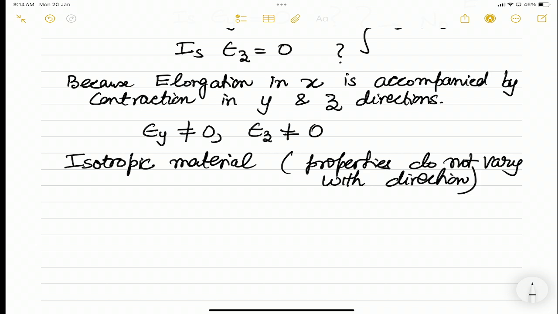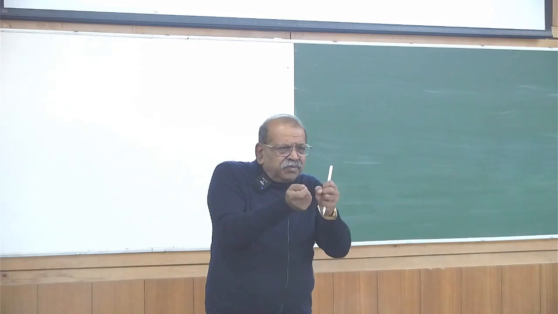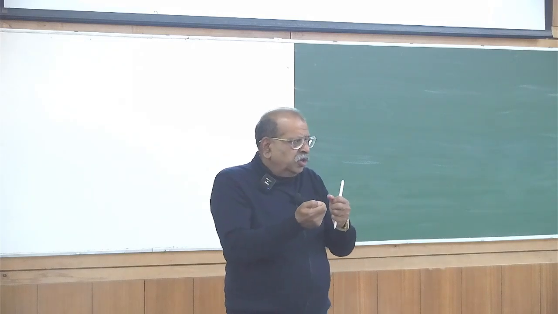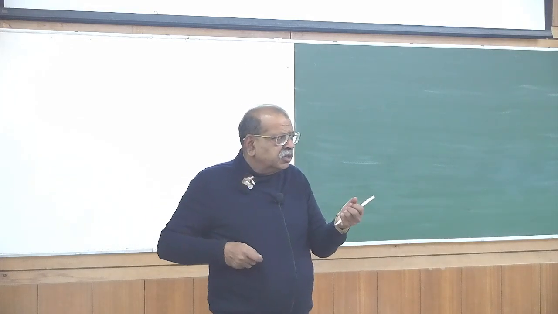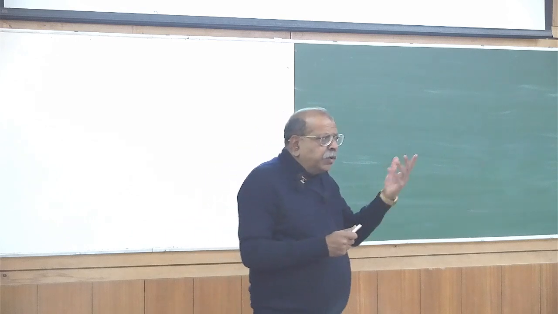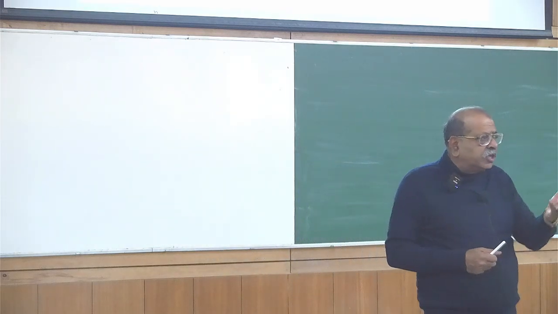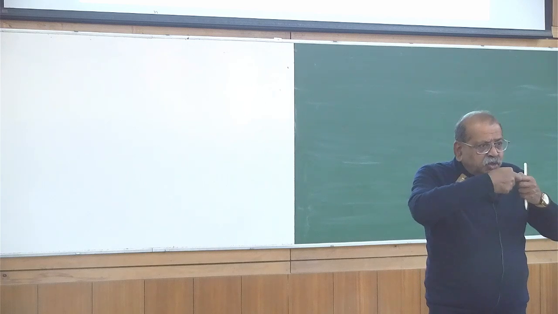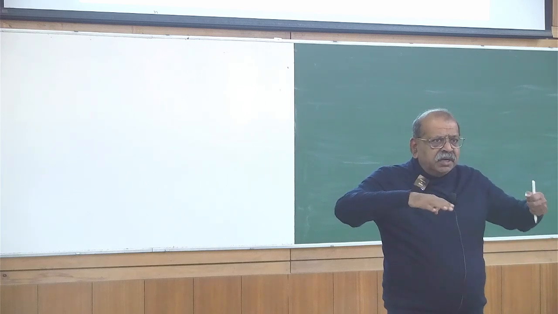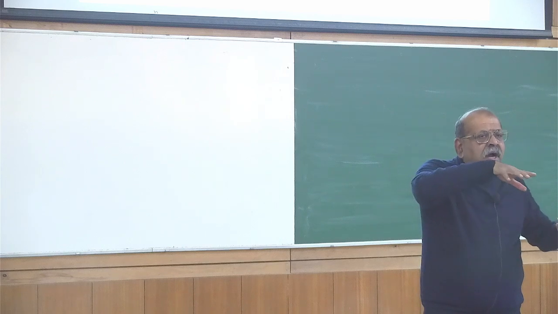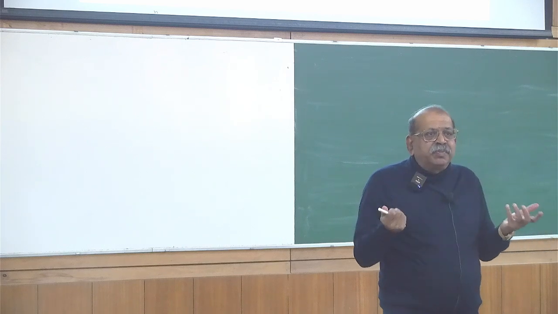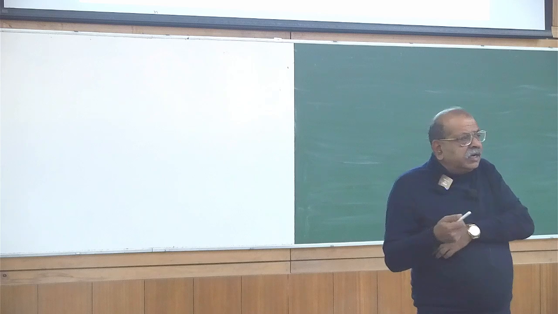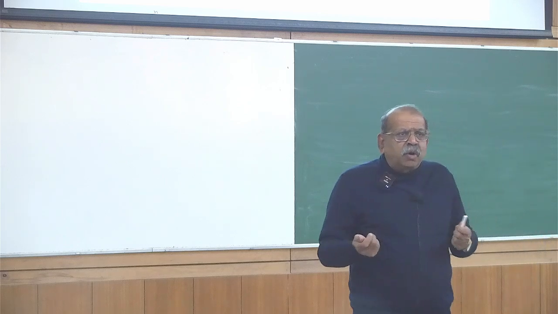For example, you look at a block of iron or any material, whichever direction you go, you do not expect the properties to change. But an example of a material which is not isotropic is wood. In wood you have grains, and so the property along the grains and the property across the grains will not be the same. So, a material like wood will not be isotropic.